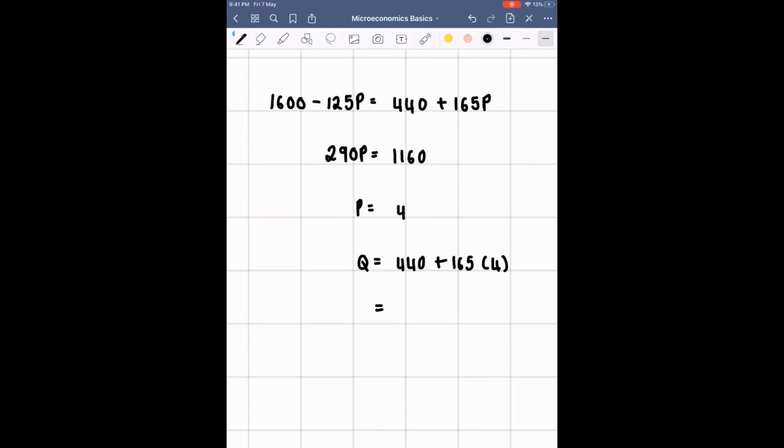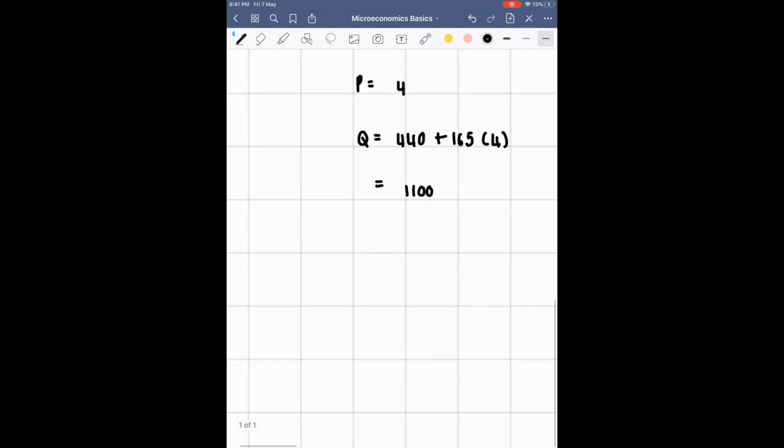And we're going to get Q to be 1100. Therefore, we have solved for equilibrium price and quantity. The P is going to be $4 and the Q is going to be 1100.